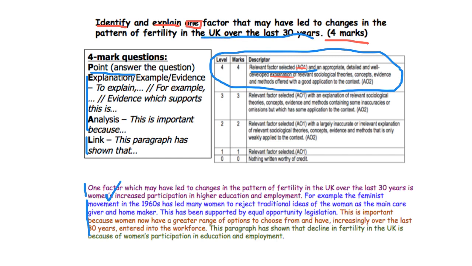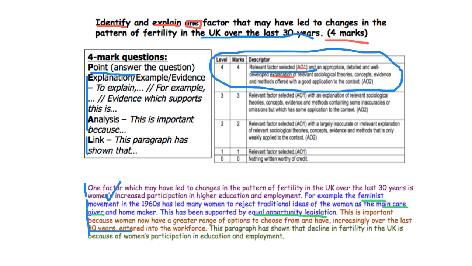And I've made sure that I have addressed this in my answer as well as being able to unpick why fertility has changed over the last 30 years and given specific detailed knowledge through identifying things like equal opportunities legislation, main caregiver, feminist movements.